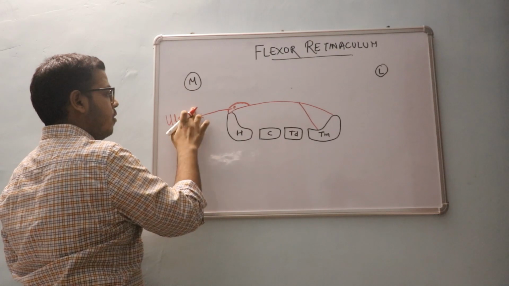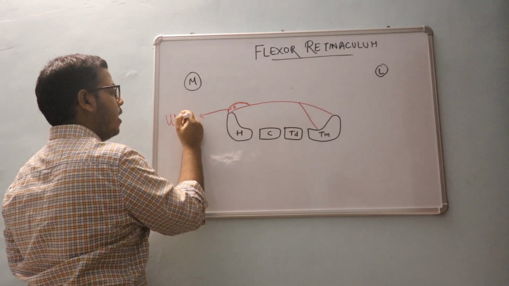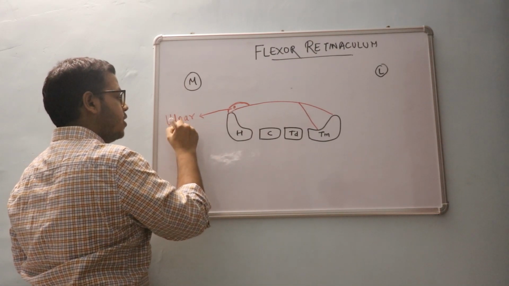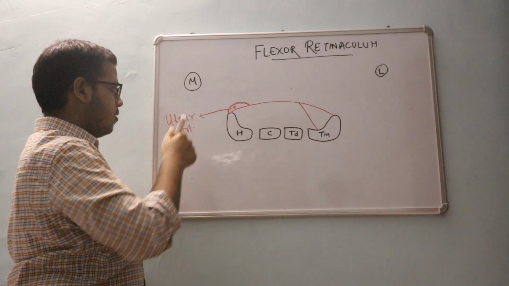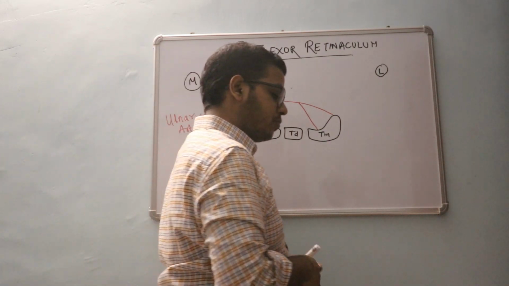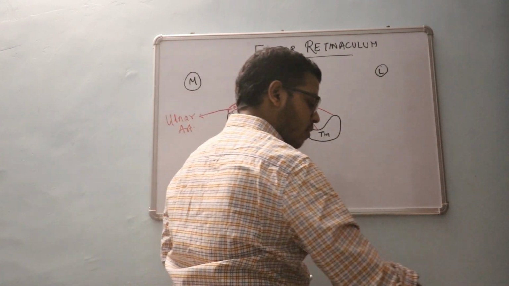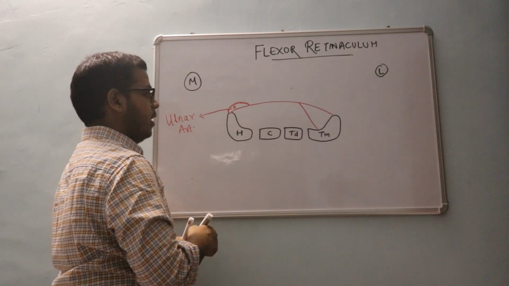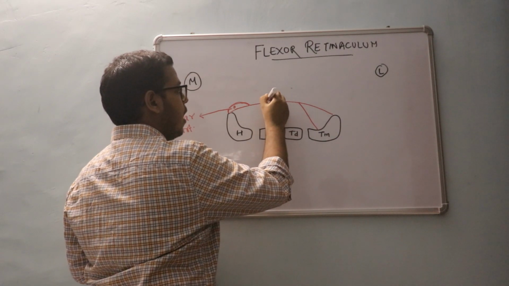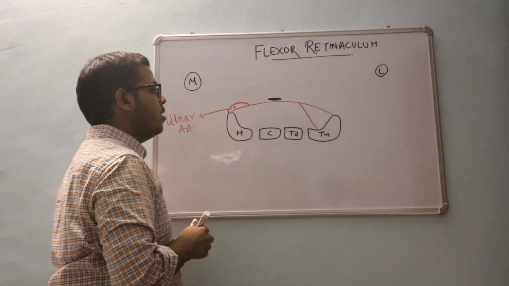We already know that the ulnar artery passes superficial to the flexor retinaculum, and this is the ulnar artery. Okay, what next? Apart from that, we have a tendon that passes here.